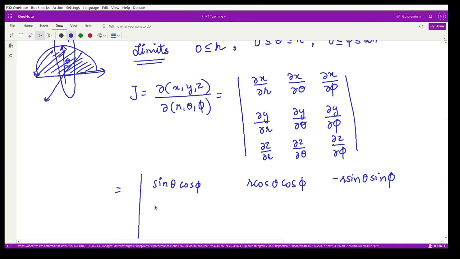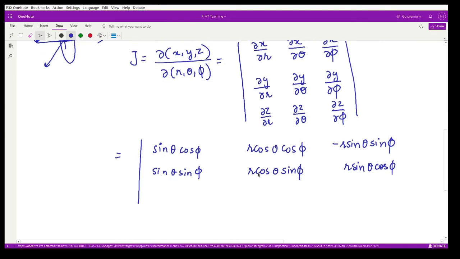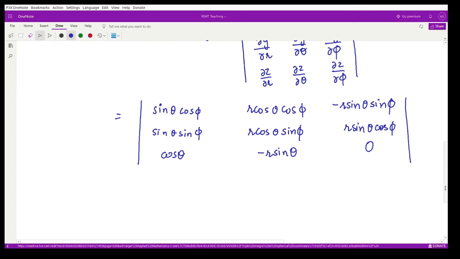Then for the y, we have sine theta sine phi, and then we have r cos theta sine phi, and then we have r sine theta cos phi. And the next term is cos theta, and then we have minus r sine theta, and then we have 0. Now we can calculate the determinant.